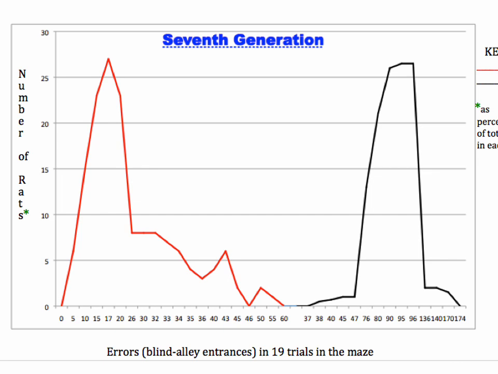And on the left you see the number of rats, and you see that the bright, the red rats made no more than 15 to 20 errors, opposite to the dull rats with 80 to 100 errors. So we can state that the learning performance, the peripheral vision was different.